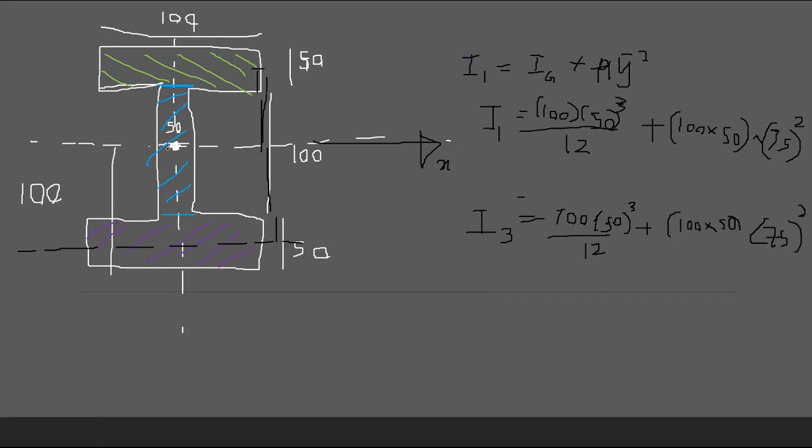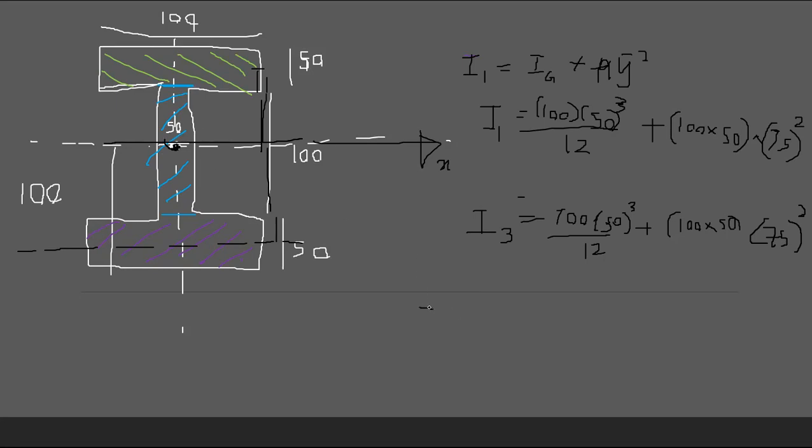For this middle area, the centroid goes exactly through that axis, because even if you separate these two, it is still symmetric about these two axes, and the centroid of this small rectangle lies exactly on the x-axis.